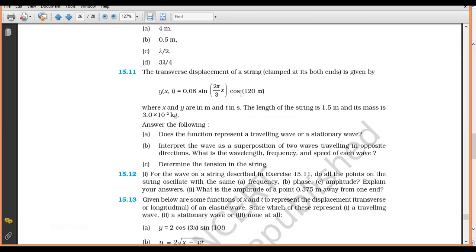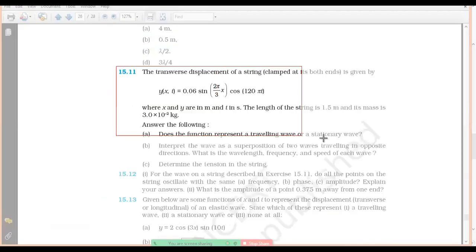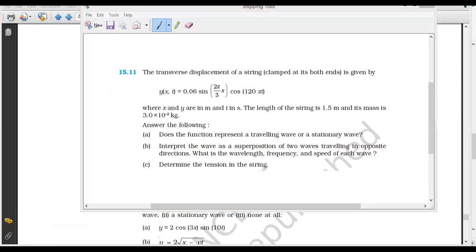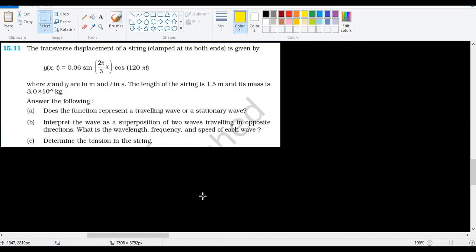So when you get an equation like this, it is a standing wave. Is that okay? Yes, sir.